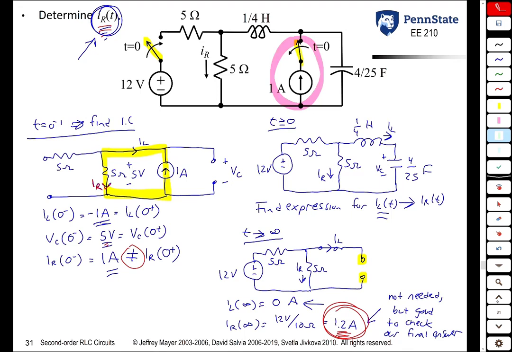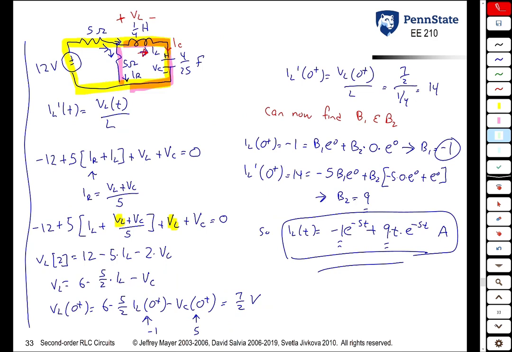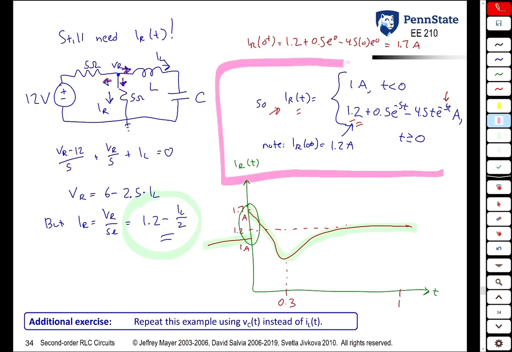But if you break it down into the individual parts, finding DC steady state values at 0 minus, finding steady state values at infinity, finding the form of the characteristic equation, finding the roots of the characteristic equation, from that finding the form of the solution, then finding your second initial condition, which we did here, and finally using that to find B1 and B2, and at the very end, because we're not asked to find IL or VC, but IR, finding this general expression relating IR to IL, we can get our ultimate answer, which is here.